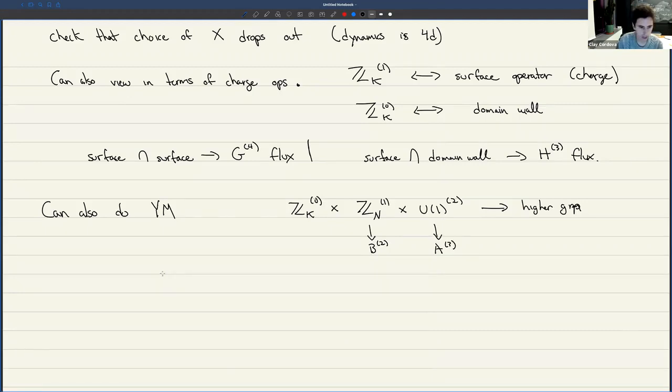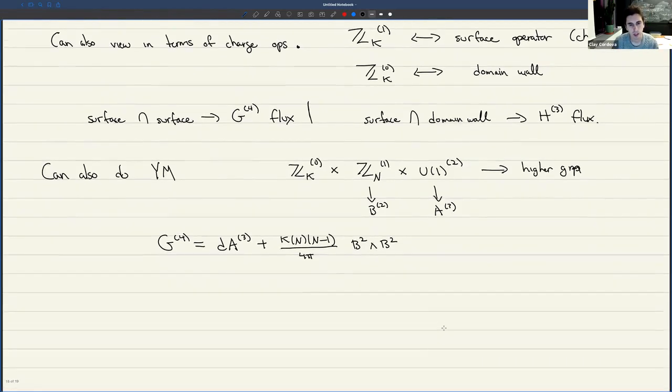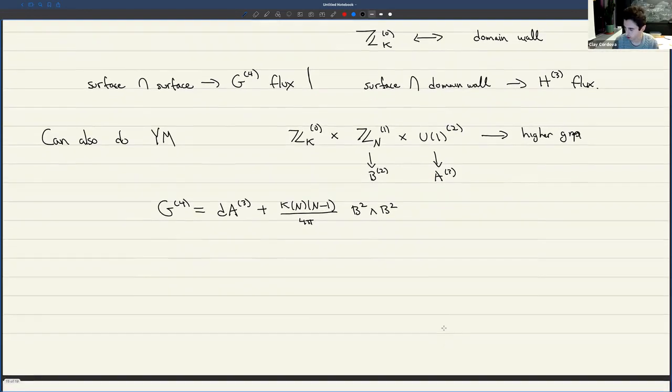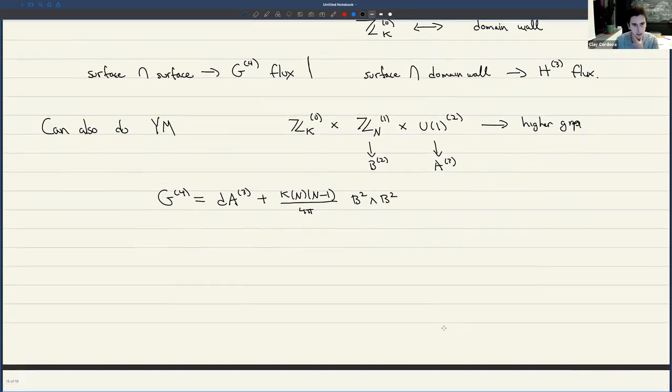The key equation is again that G4, the gauge invariant field strength, is dA plus there's now a little bit of an interesting factor that's to work out by studying instantons. So this is the key equation. So you again find a higher group in this non-abelian SU(N) coupled to an axion.